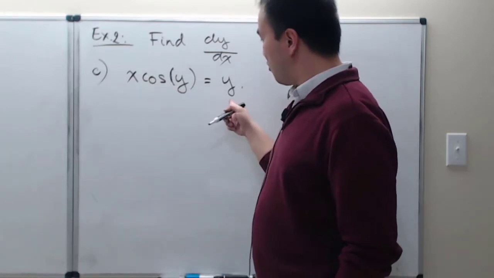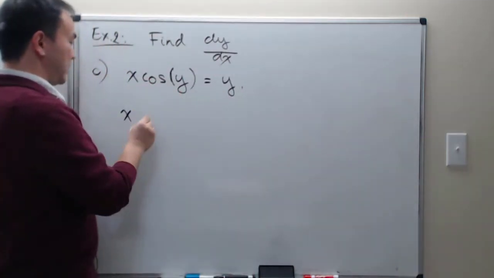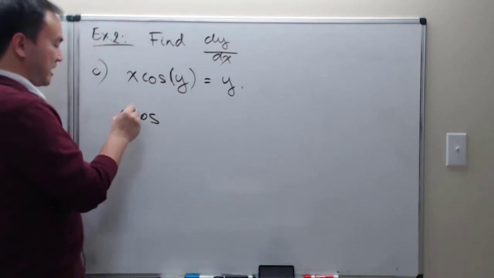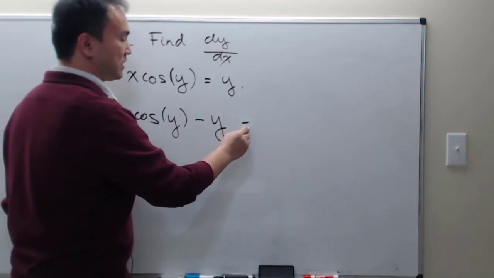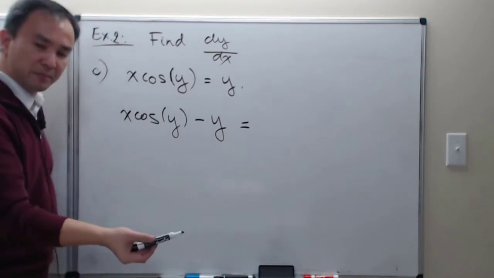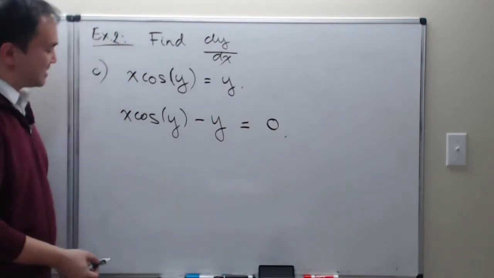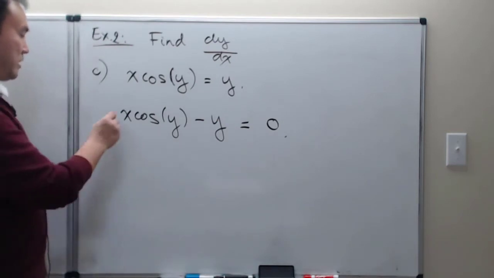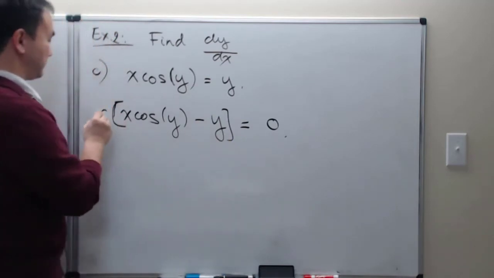I'm going to subtract y from both sides. In my next step, the left-hand side becomes x times cosine of y minus y. What's remaining on the right-hand side? It's a 0, another constant. Now we are ready to take the derivative with respect to x.